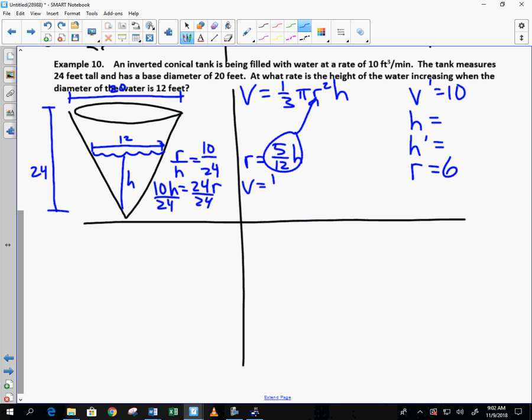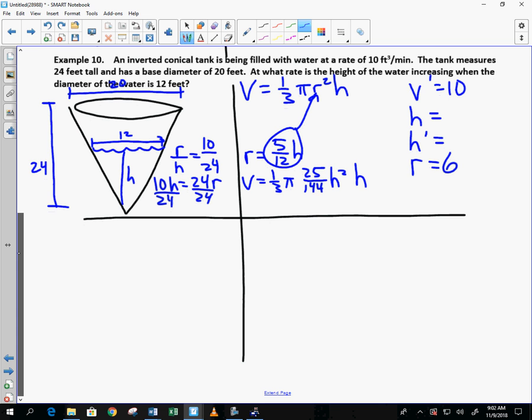So volume equals 1/3 pi. What is 5/12 squared? 25/144. H squared H. So volume is equal to 3 times 144, so 512.